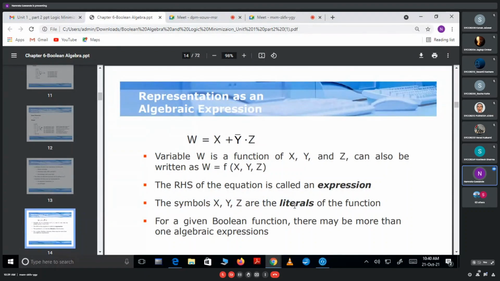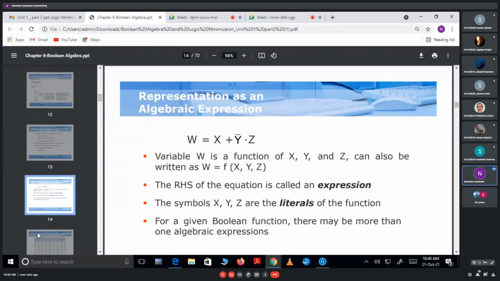Generally in programming languages these are nothing but variables. But in terms of Boolean algebra and digital electronics, the variables used in the expression are known as literals. For a given Boolean function, there may be more than one algebraic expression.